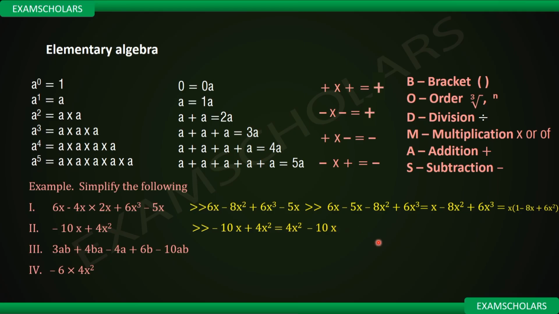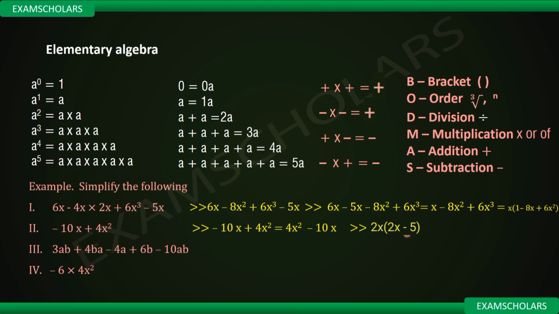So bring it outside, so you have your 2x outside. You will now go ahead and divide this by 2x. 4x squared divided by 2x, you are left with 2x. Minus 10x divided by 2x, you are left with minus 5.